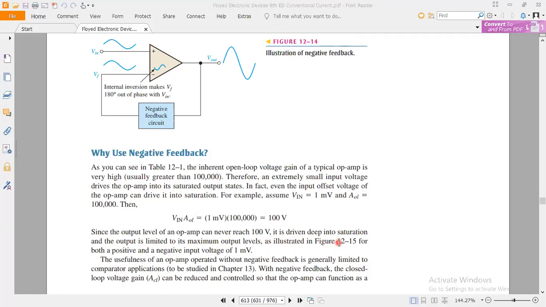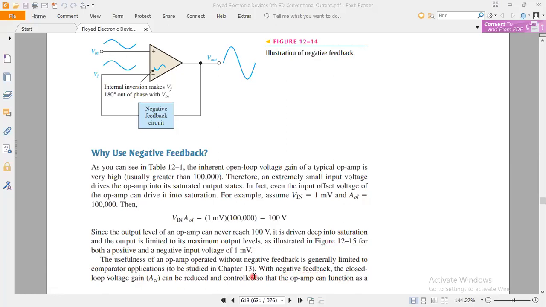It is driven deep into saturation so that the output is limited to its maximum output levels, as illustrated in figure 12-15, for both positive and negative input voltage of 1 millivolt. The usefulness of an op-amp operated without negative feedback is generally limited to comparator applications, to be studied in chapter 13.